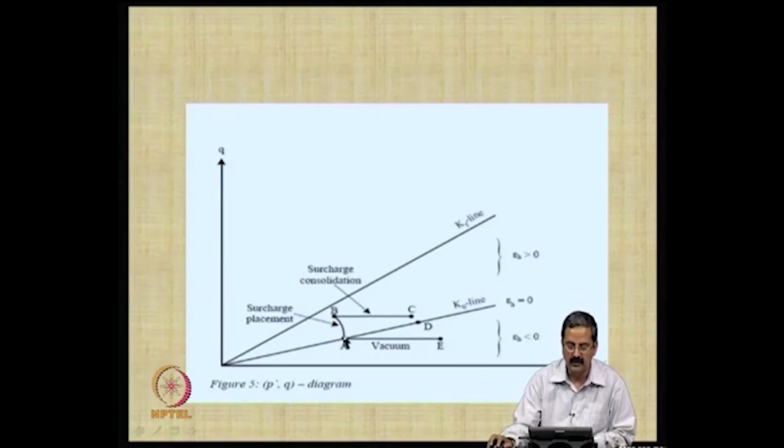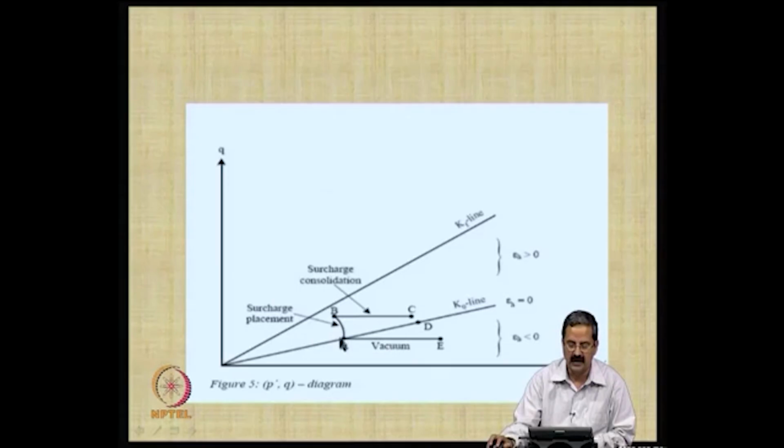So, why do we need monitoring in the field? What do we monitor? It is actually the pore pressures we monitor. See that the pore pressure is not really leading to higher values. Q will increase, but at the same time Q should not lead to failure. So, we do not want this point to reach here. That is the reason why we are measuring effective stresses and pore pressures in the field.